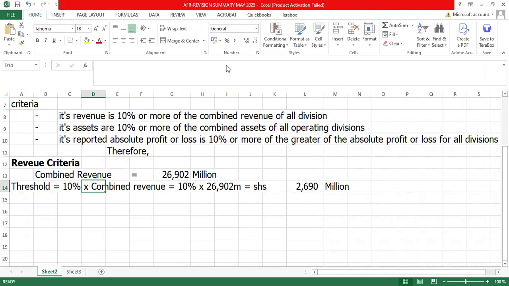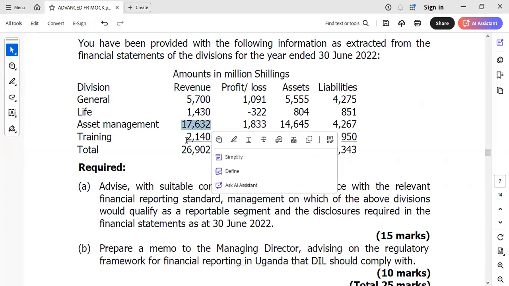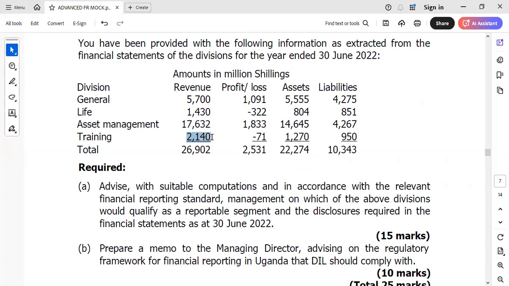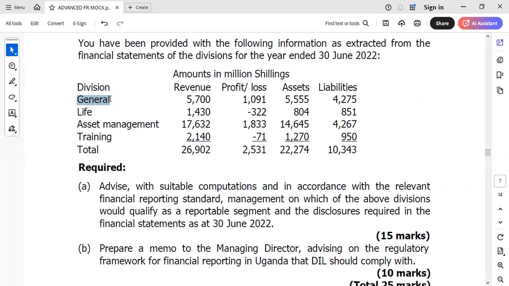So this one qualifies, this one does not qualify, this one also qualifies. Does this one qualify? No, because this is below the threshold. So with revenue criteria, the divisions that can qualify as reportable segments are the general division and the asset management division. Life and training divisions do not qualify based on the revenue criteria. But you may find that life and training divisions qualify when you apply other criteria.